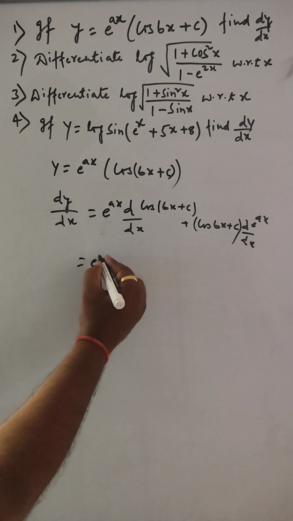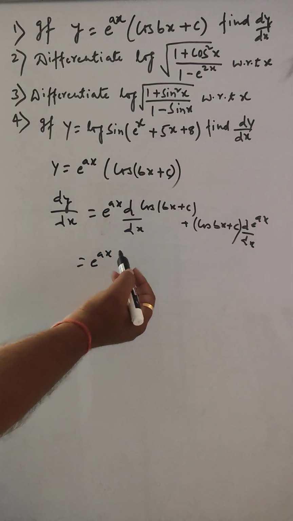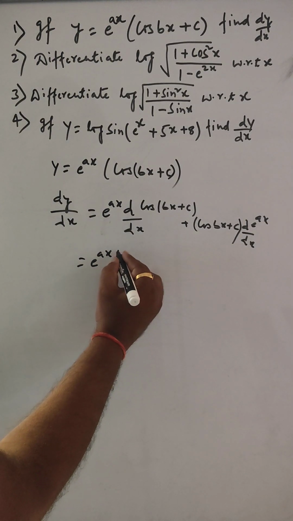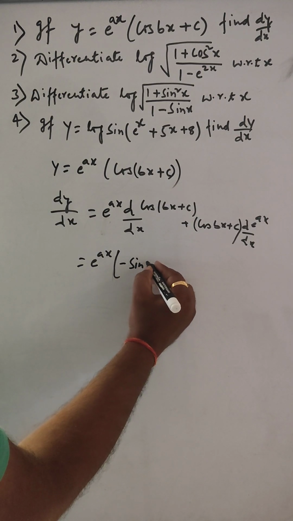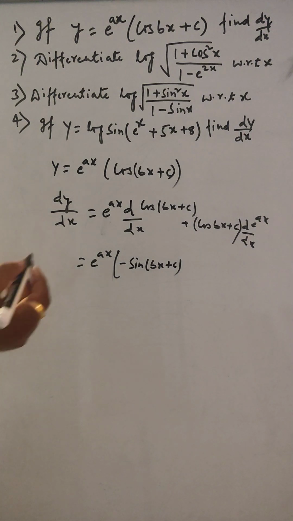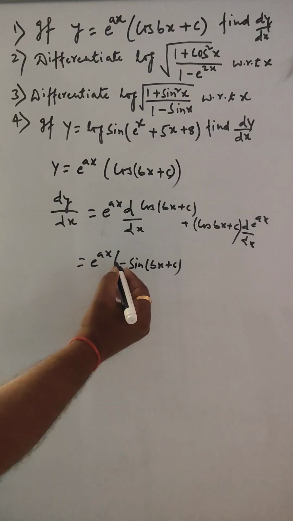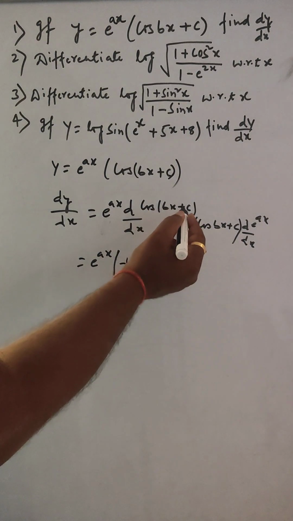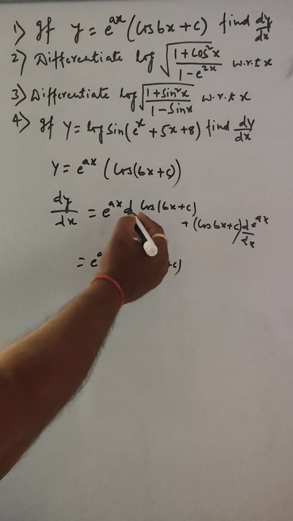Now e to the power ax stays. Now this one, differentiation of cos x is what? Minus sin x. So this is minus sin(bx plus c), and then differentiation of bx will be b, so we write b over here, and differentiation of c is 0. So this much is the differentiation of this part.